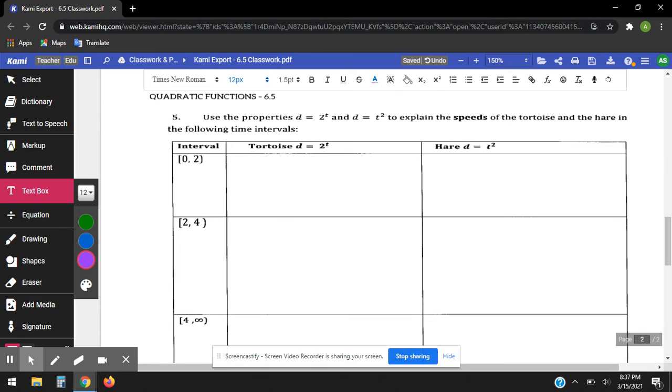So use the properties of 2 to the t and t squared to explain the speeds of the tortoise and the hare in the following intervals.